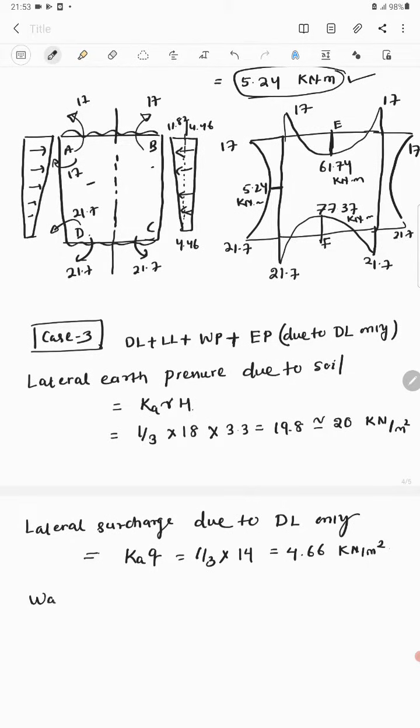And what is the water pressure? Because the culvert is full, so this will be gamma W into H. So 9.8 into 3.3, which is equal to 32.34 kilonewton per meter square.